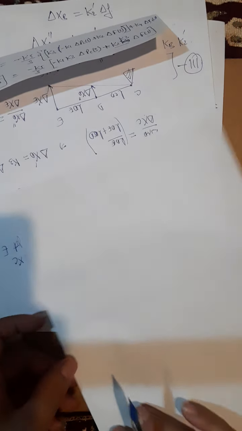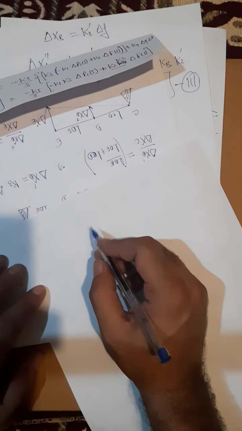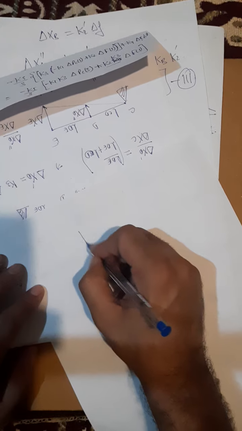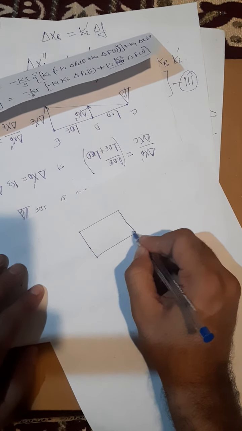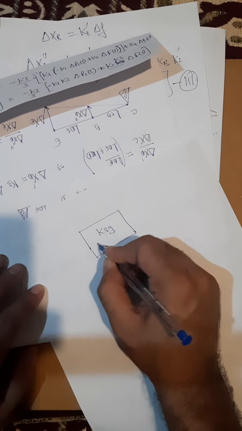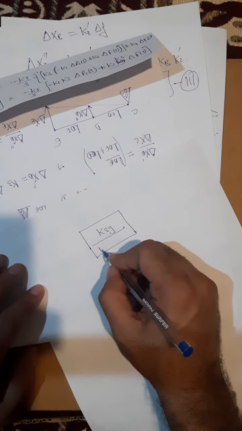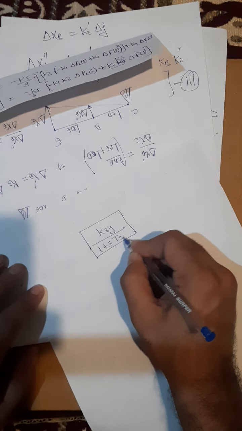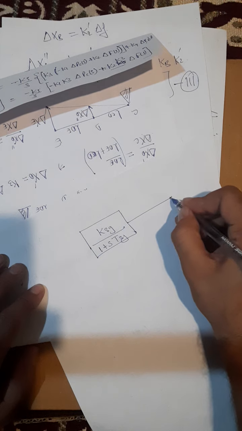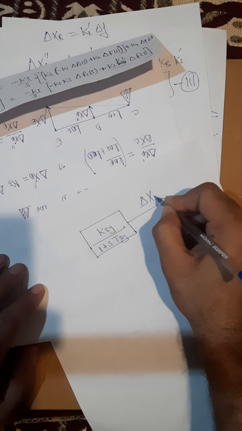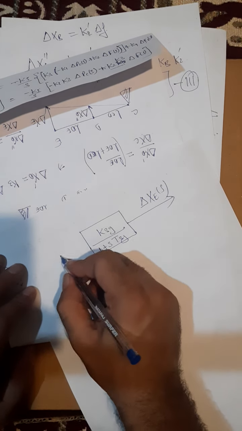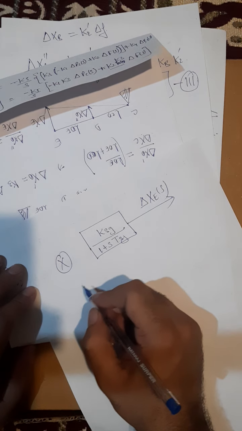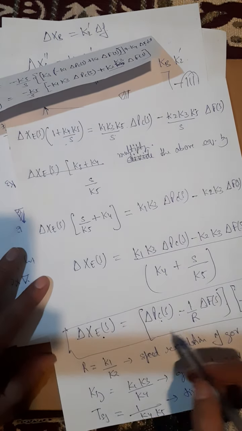Okay, so how can I draw this? The gain of the governor block is KSG divided by 1 plus S TSG, where TSG is the time constant. The output is delta XES. The input is delta PCS minus 1 upon R delta Fs.